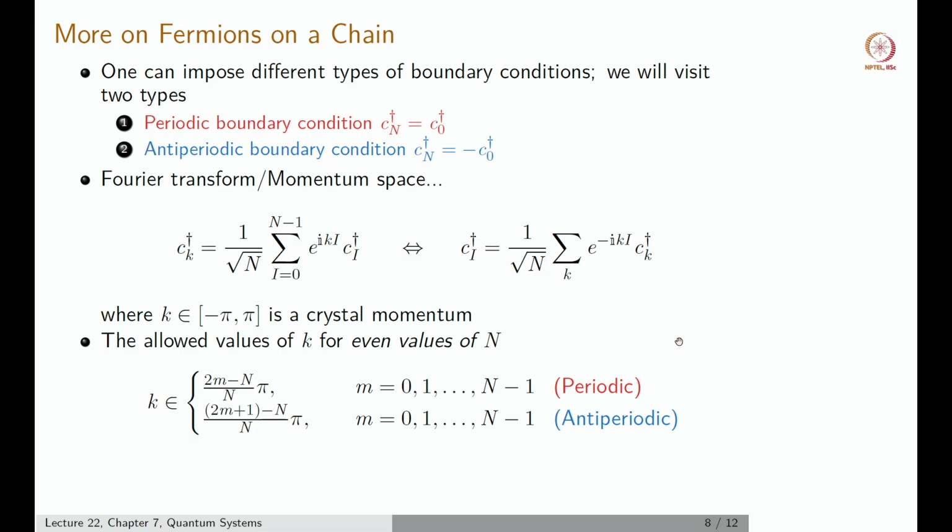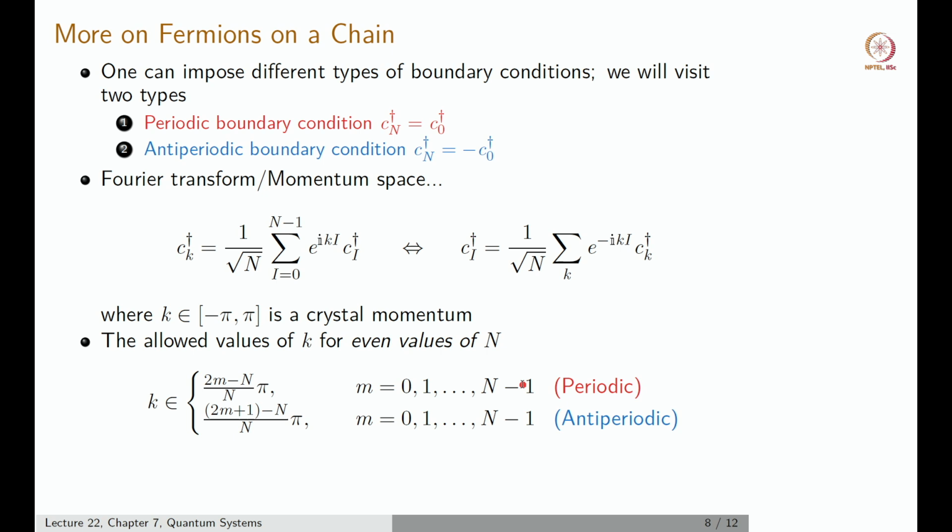Now, how do I impose anti-periodic boundary conditions? There is a very natural way to do periodic boundary conditions. If you take this formula that I am showing you here and say that C_n must be equal to C_0, that will force e to the ikn to be 1 for every k, and that will give you that the allowed values of k in this interval from minus pi to pi are these quantities.